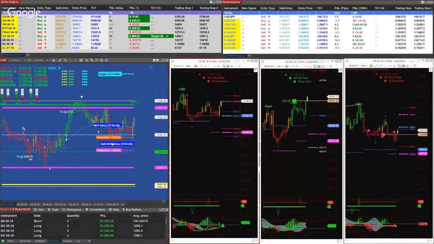This is much better to me anyway. Nasdaq, the entry is 63.50.